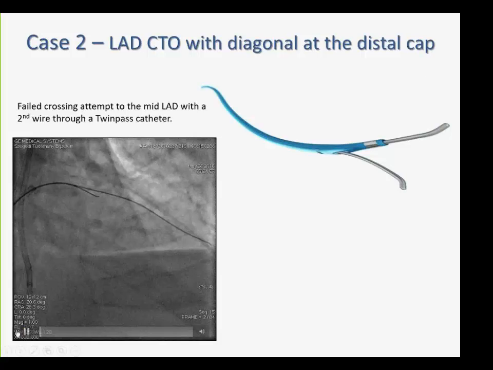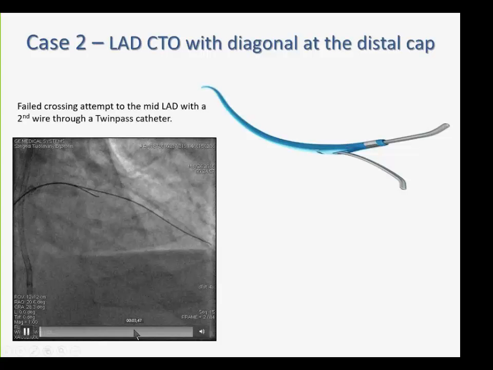This wiring was to find the small island of the LAD. Unfortunately, it failed, and as you called our attention, I didn't want to repeat it too much because I was afraid to dissect this part of the LAD.